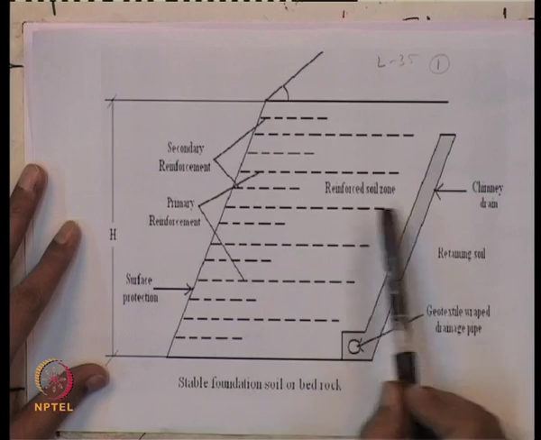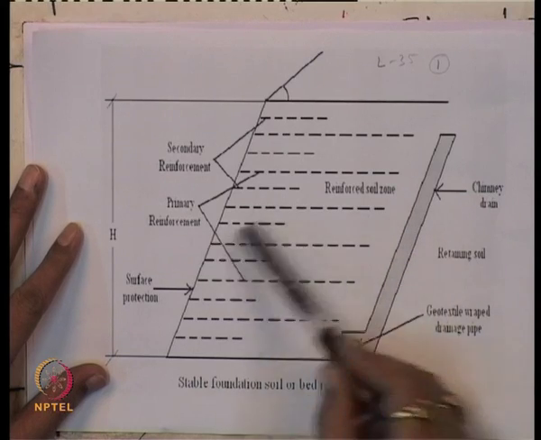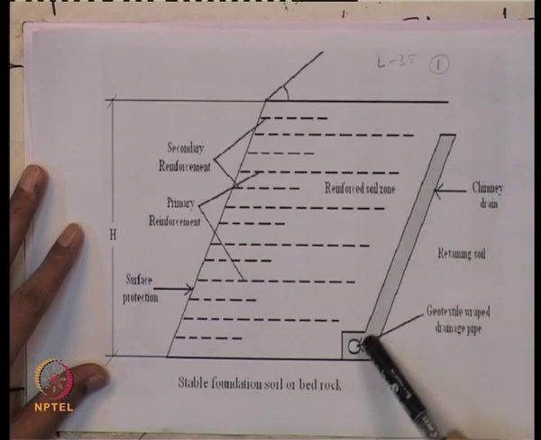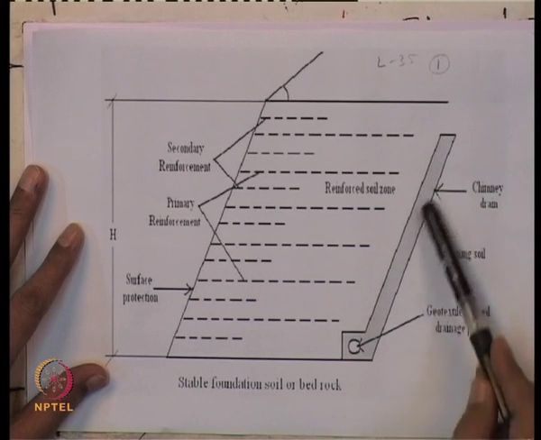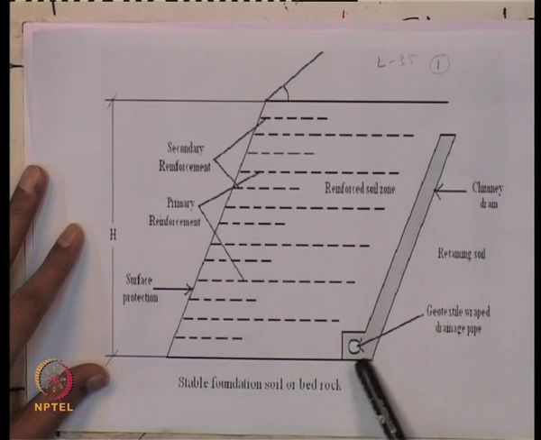At the back of this slope it should be provided with a proper drainage system. Here it is the chimney drain, and then you can provide a geotextile wrap drainage pipe. Here it is the geotextile wrap drainage pipe.